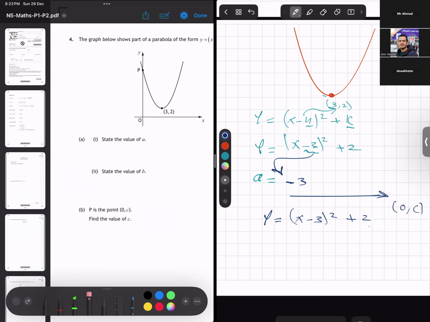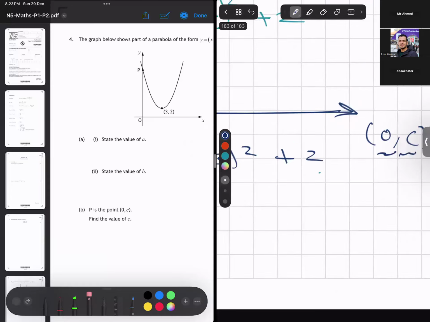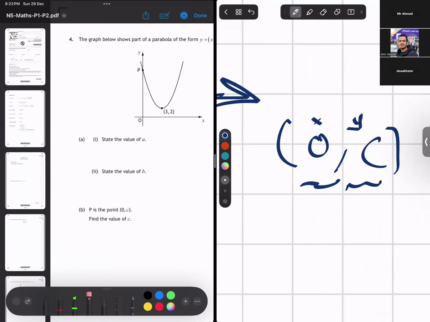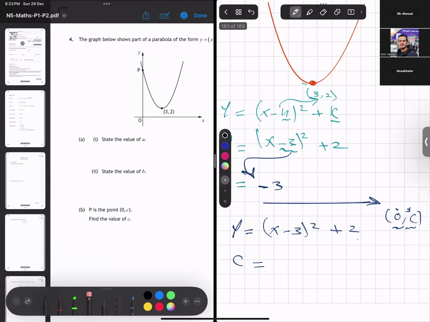Every single time, x can be replaced with the new value, which is supposed to be 0. So let me write it there. The y can be replaced with the new input, so let me write c. Remember, we have the ordered pair x and y. Did you get it? Okay. So instead of writing x, I'm going to write (0 minus 3) all to the power of 2 plus 2.